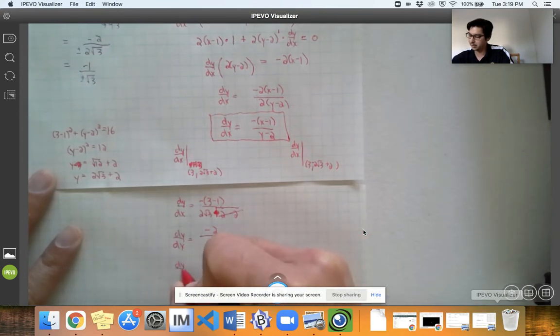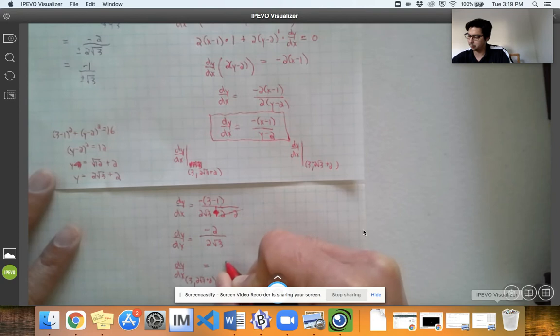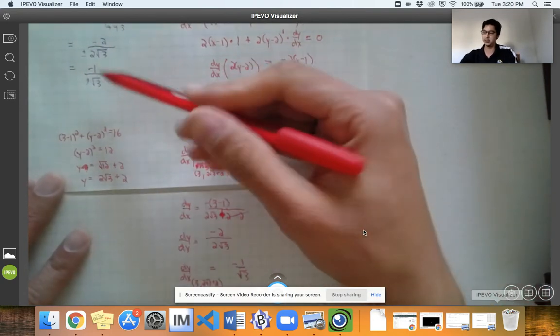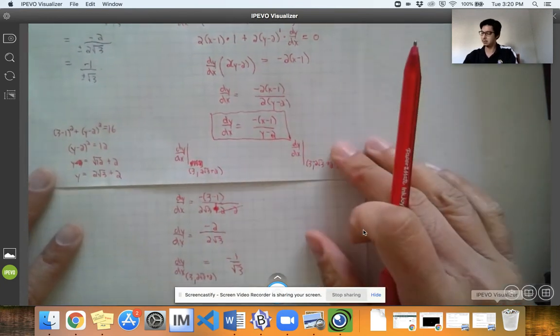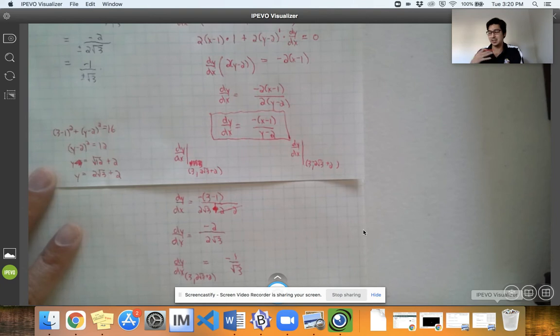Notice dy/dx at the point (3, 2 root 3 + 2) is equal to negative 1 over root 3, which, lo and behold, look here in blue, that's the same thing we had. Right? That's amazing. It's us getting the same answer with a different method.